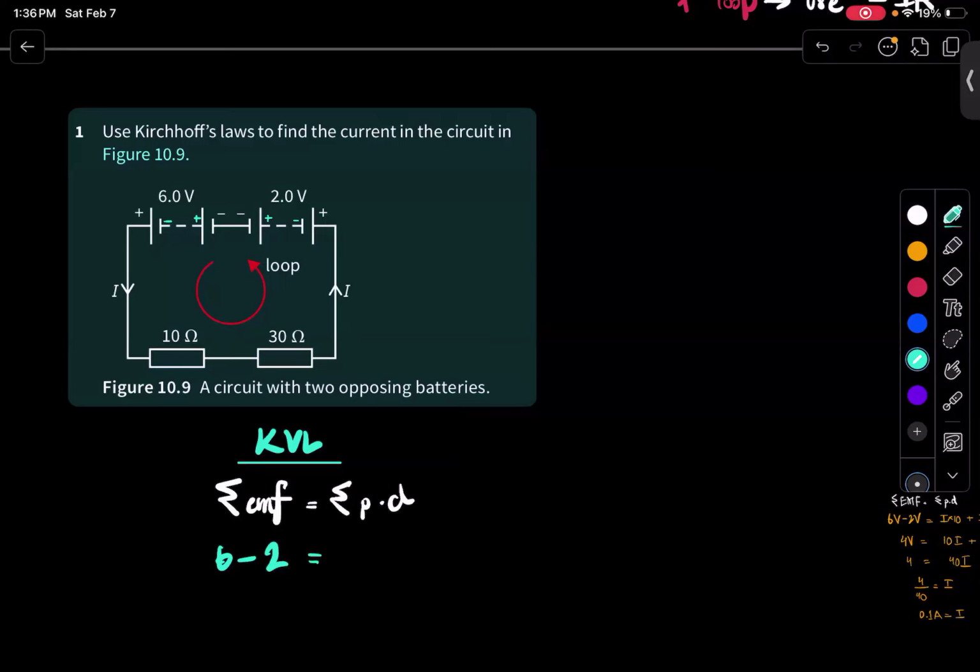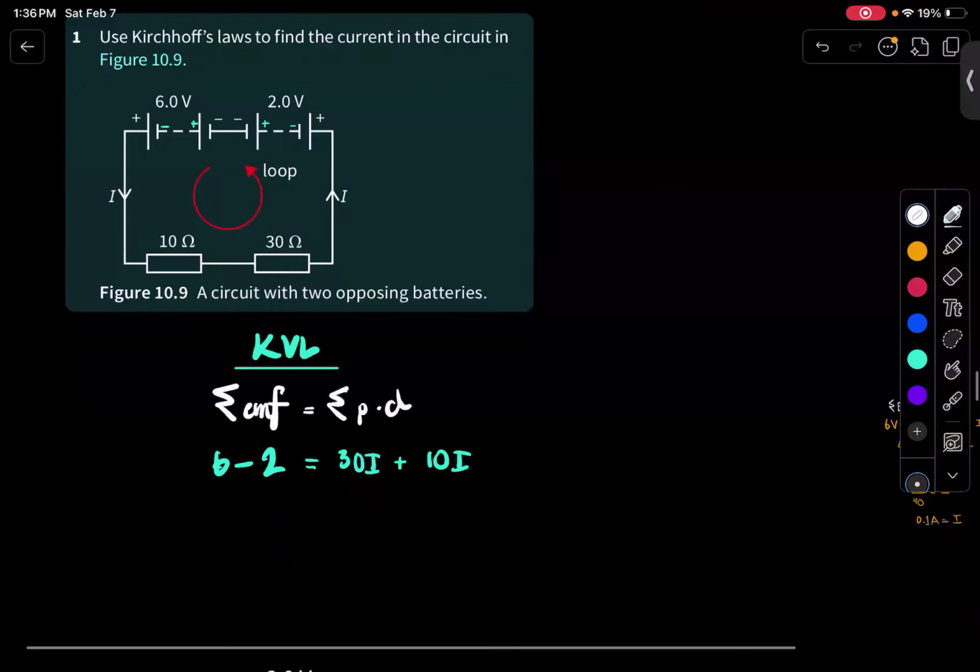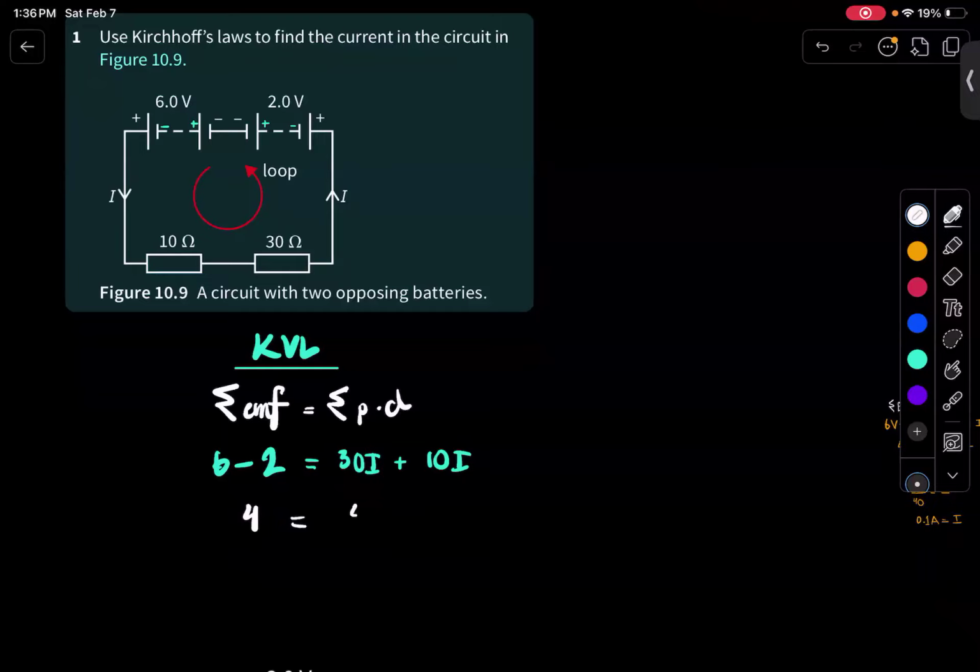What is the potential drop? It would be 10 times I, right? I'm using IR. So I times 10 plus I times 30. So 30I plus 10I. Then this becomes 4 equals 40I.